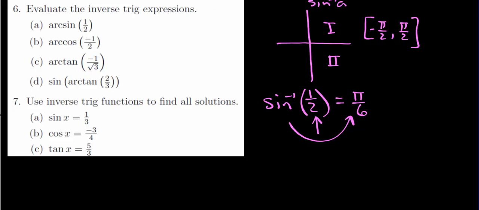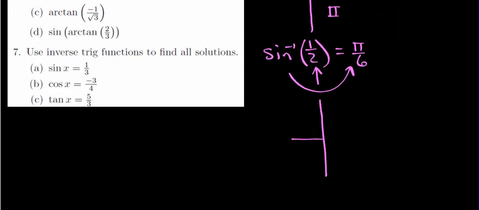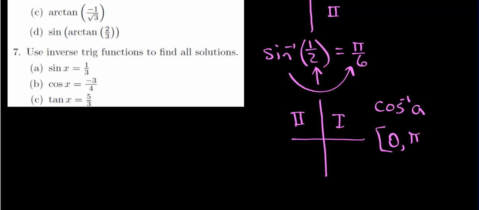Now, cosine, on the other hand, is going to be in quadrants 1 and 2. So inverse cosine is going to give you outputs between 0 and pi.